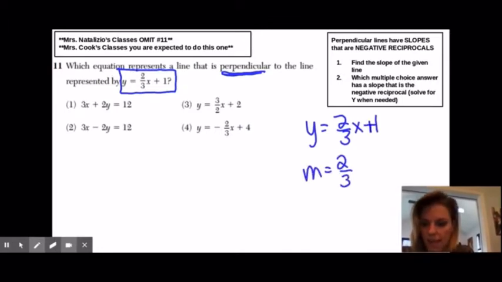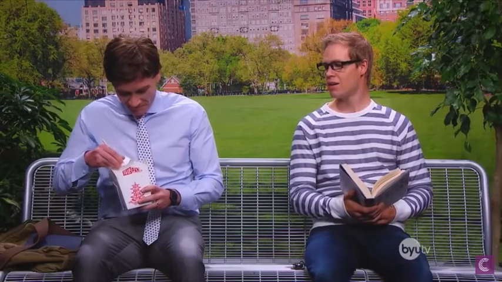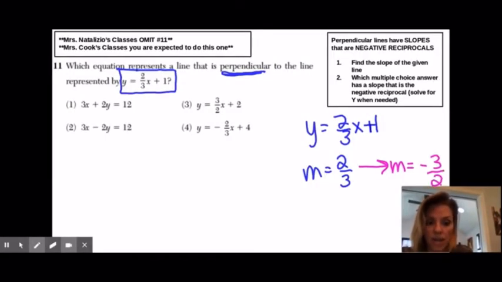It's the number next to x. So if I want a perpendicular line, the slope would be the negative reciprocal, so negative 3 over 2. So I change the sign and flip the fraction. So I now know that I'm looking for one of these 4 options to have a slope of negative 3 over 2.